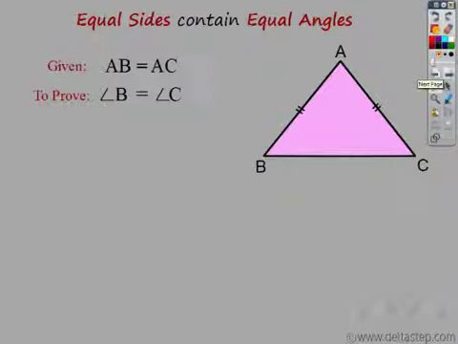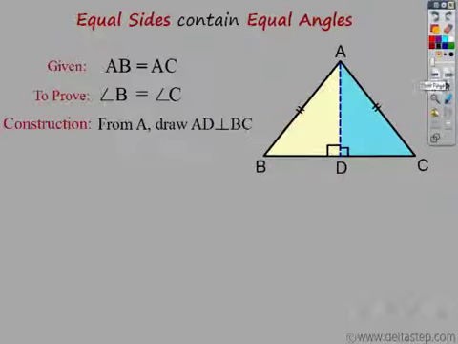For that, I'll draw a perpendicular from vertex A to BC. Let's call this point D, and say AD is perpendicular to BC. Now in these two triangles, ADB and ADC, what do you see?